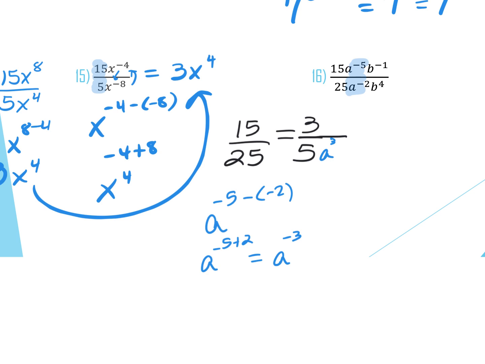Then I'm going to do the same thing for the b. I'm going to subtract the negative 1 minus 4. So for the b, negative 1 minus 4 gives me b to the negative 5. And then this tells me that it is also in the denominator, so b to the 5th. So the only thing that was left in the numerator was the 3.